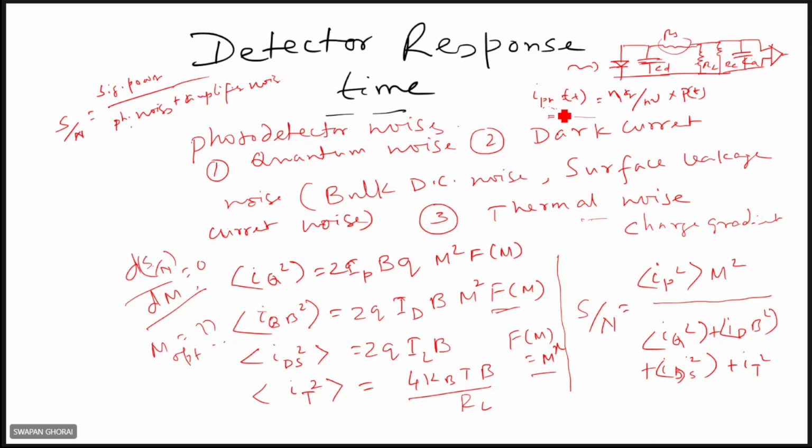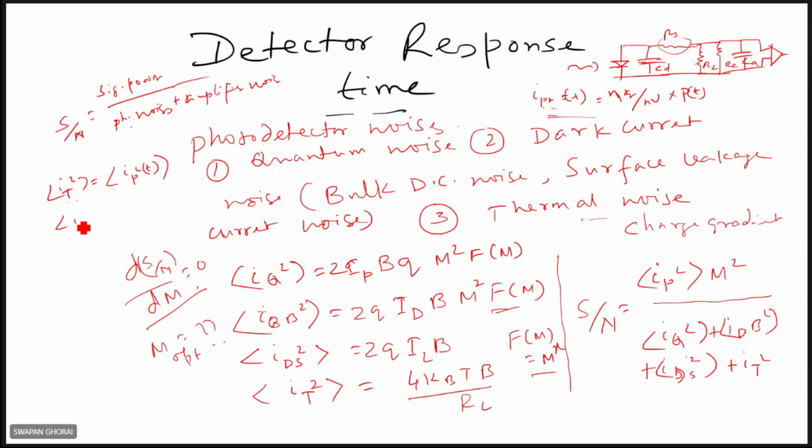And the mean square signal component for a pin photodiode is the average of i_s squared, that is IP squared. If the signal component is IP, the mean square signal component for the pin photodiode will be the same as this.